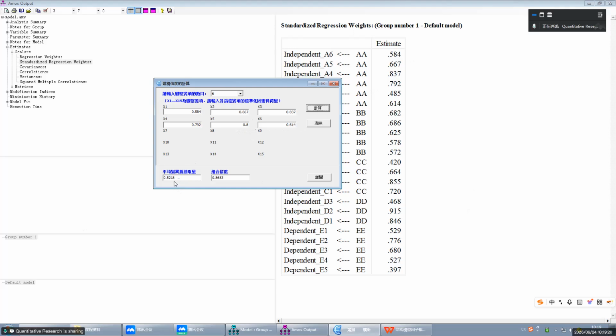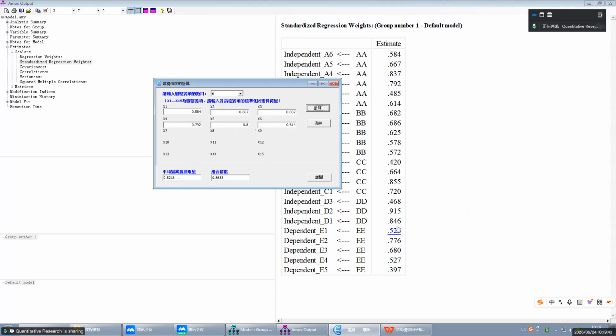You should have large factor loadings. If your factor loadings are small, it cannot meet the criteria. Okay, so this is how to compute CR and AVE.